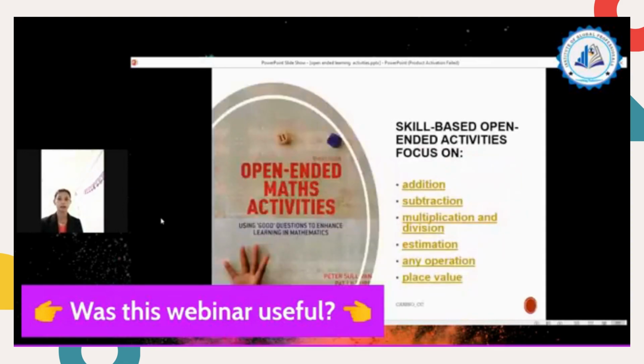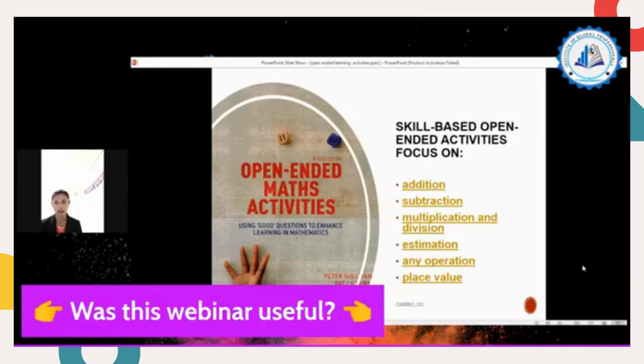Okay, next. These are the skill-based open-ended activities that are focused on, again, as I said earlier, addition. They can also enjoy subtraction, multiplication and division, estimation, any operation, place value. But how? In a day, you can use any open-ended materials like the leaves, what you can see outside our home or inside the house, in our kitchen, in our living room.